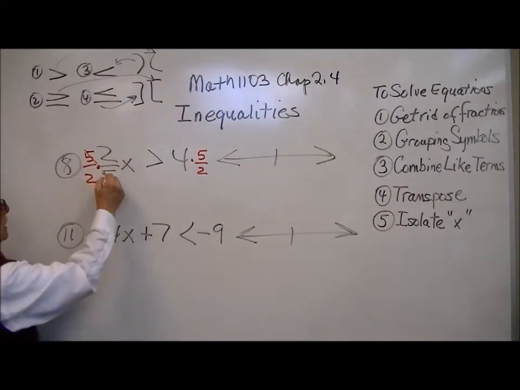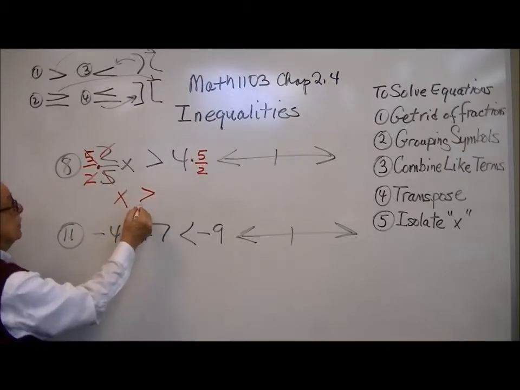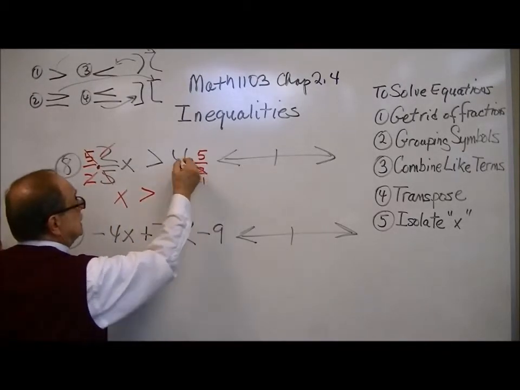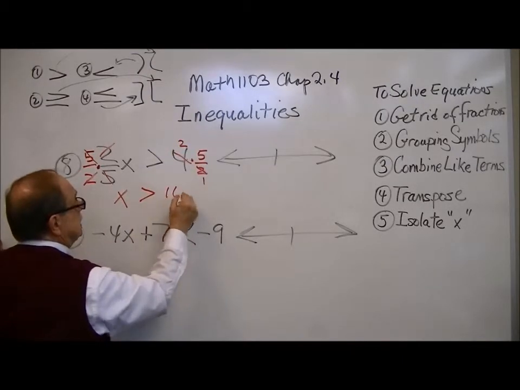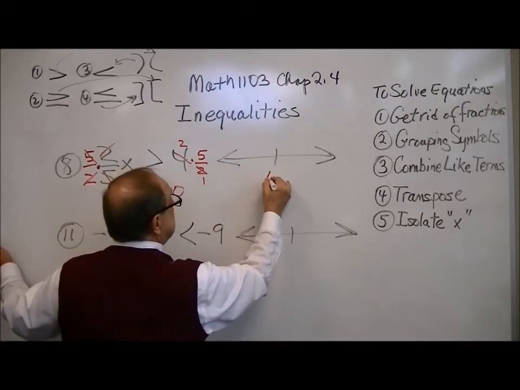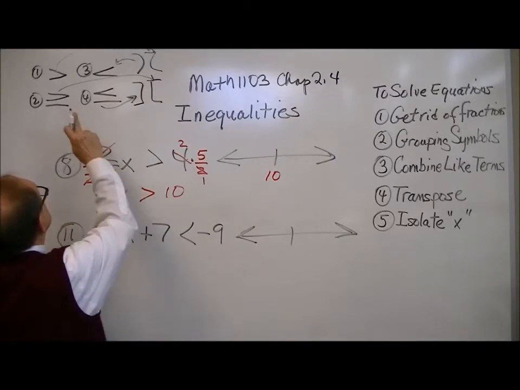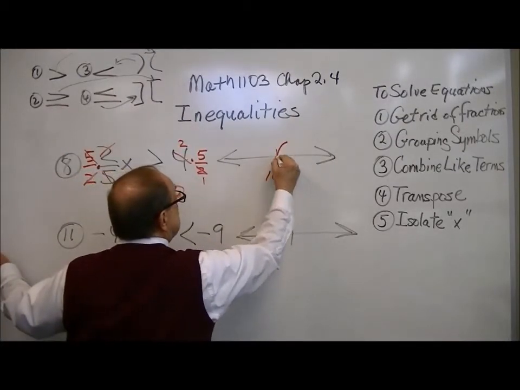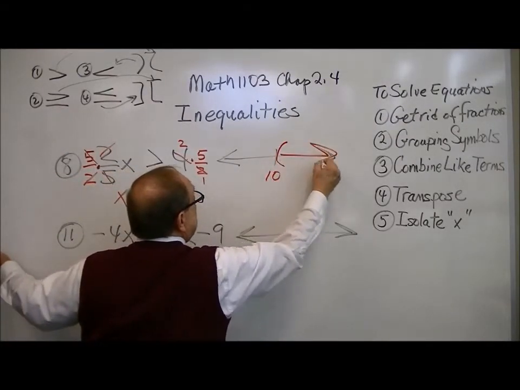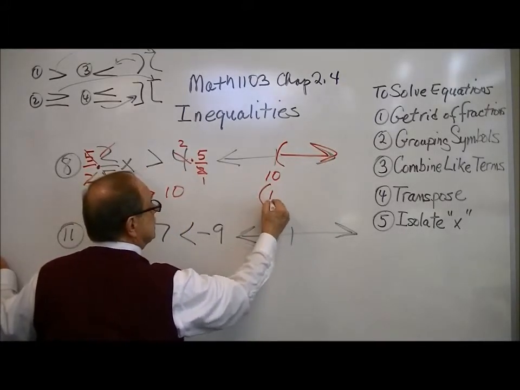So the 5's cancel out, the 2's cancel out, we're left with x is greater than 10. So our number we're interested in is 10. 10 is greater, so we're going to use a parenthesis, like so. In interval notation.